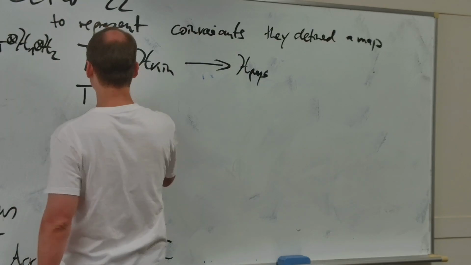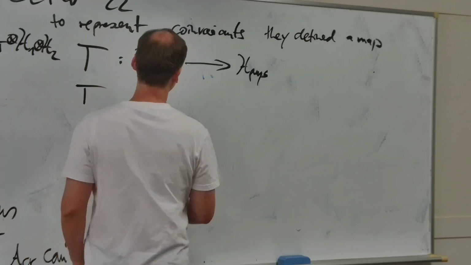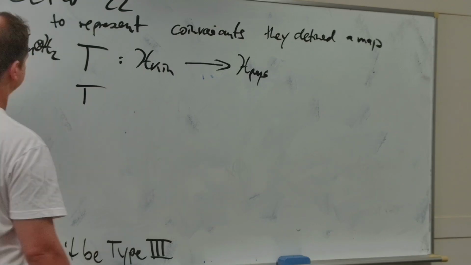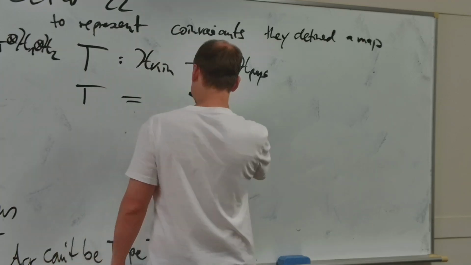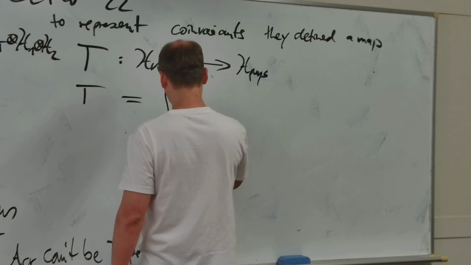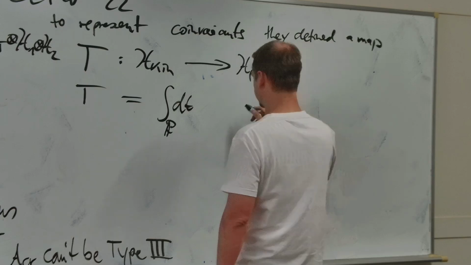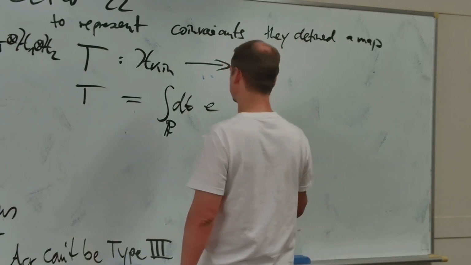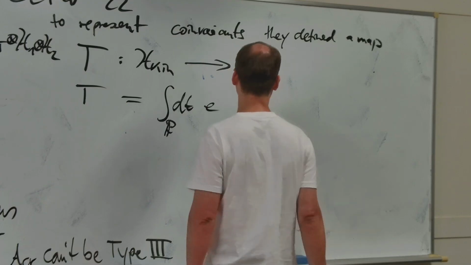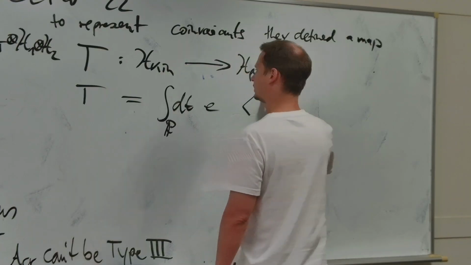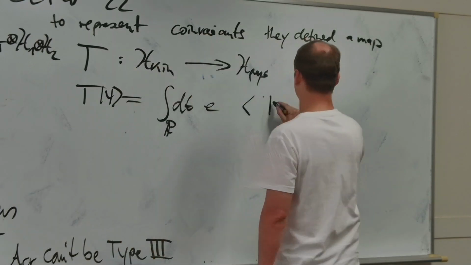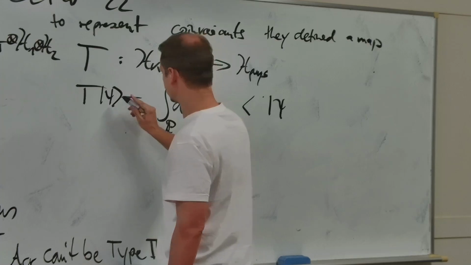And the map that they wrote down has to be well defined on these equivalence classes that I described yesterday. It's given by psi kinematical.